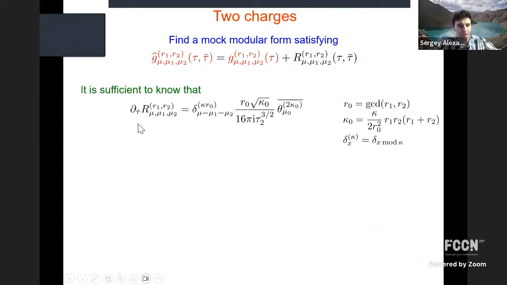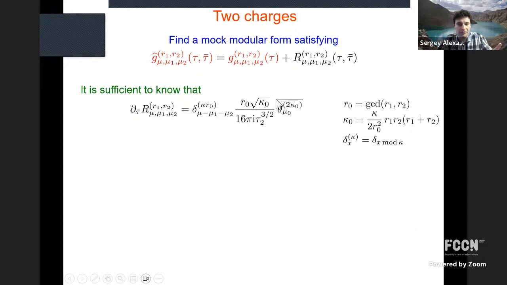The only information we need to find the solution is that the anti-holomorphic derivative of this function R is proportional to the same theta series which we had before. The difference is that now the parameter here is not the intersection number kappa of the Calabi-Yau, but an effective parameter which is proportional to kappa but also depends on charges R1 and R2.